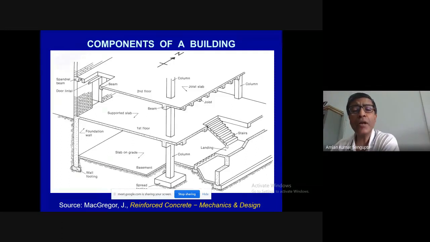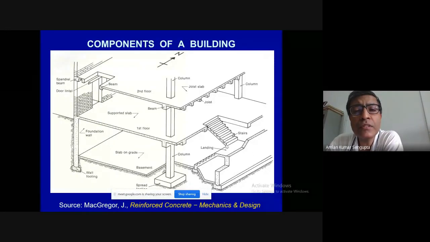We use the term called load path. Load path means how the load gets transferred from the slab to the ground. We need to have an idea about that, because subsequently in our calculations, we need to consider all the loads that come to a specific member.